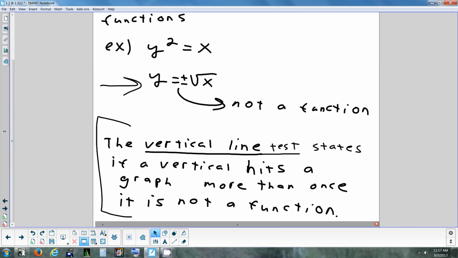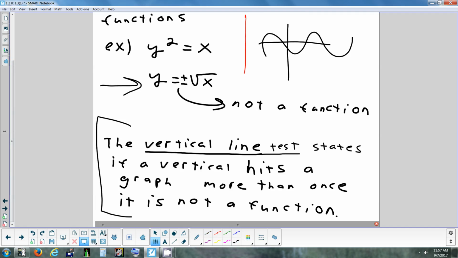So circle, was that a function or not a function? Not a function. How about something like that? Function or not a function? Not a function. Oh, wait, no, it's a function. So if I put a vertical line, does it ever hit my graph more than once?